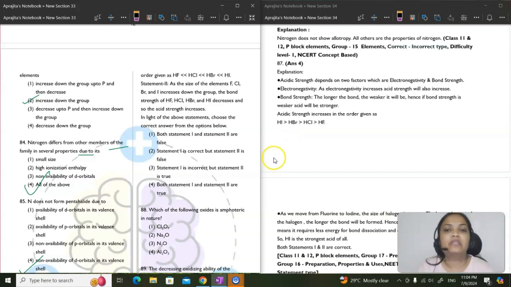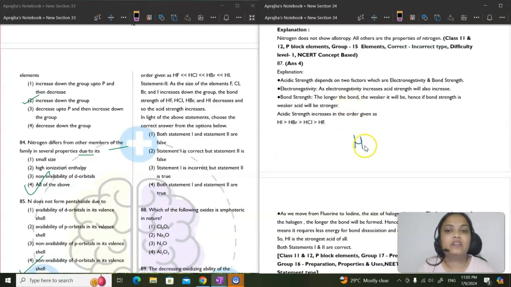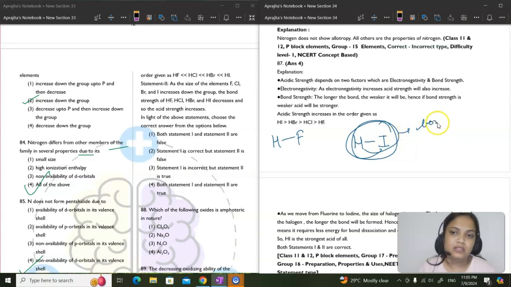Okay, but again, if I am talking about the bond strength, longer the bond, weaker it will be. If I talk about iodine, so iodine is bigger in size. Okay, if I compare it with fluorine HF bond, so iodine is bigger in size. So if it is bigger in size, the bond length increases and the bond strength decreases.